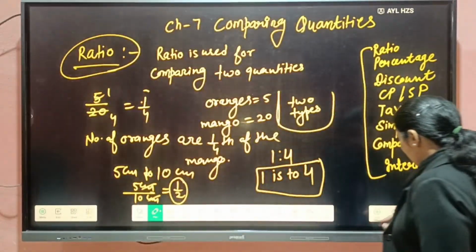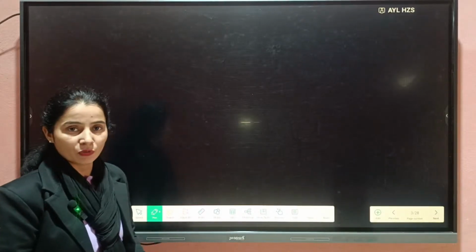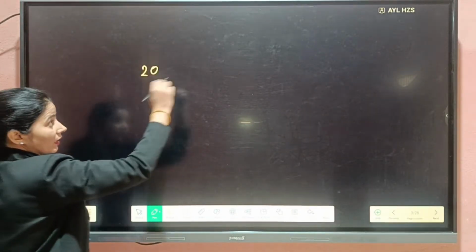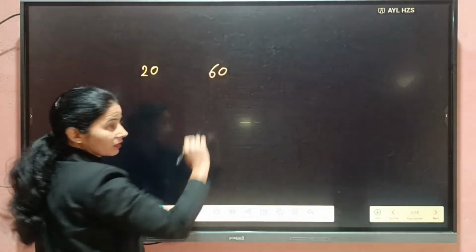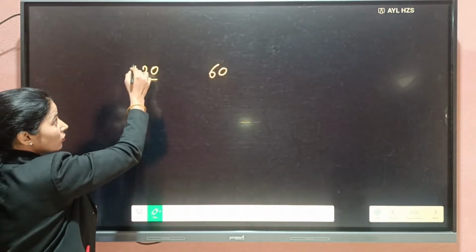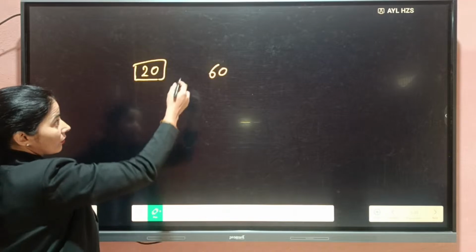After that, what is percentage? Percentage means out of 100. The quantity that we are finding, we need to tell out of 100. Now see, these oranges are 20 and mangoes are 60.